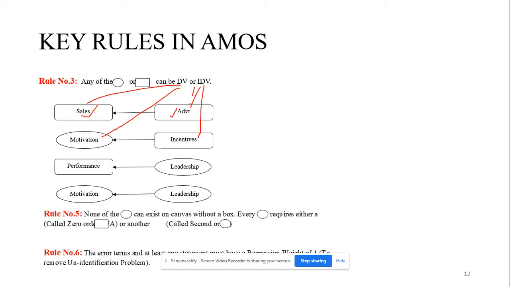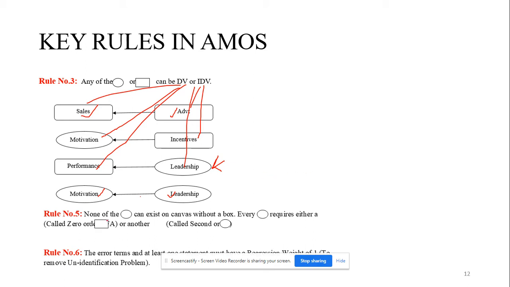Here there may be an arrow coming in; this is independent. Then observed variables are dependent and the latent variable is independent. And then here you'll see the independent variable as well as the dependent variable are both latent variables.